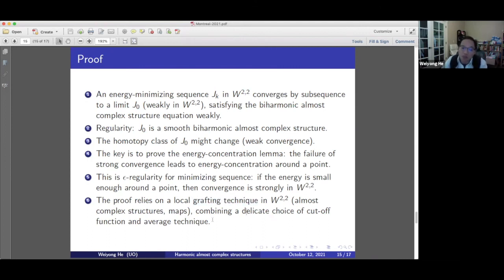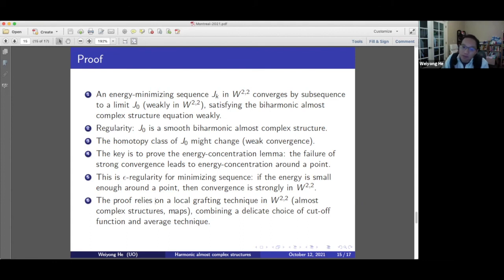I will not be able to explain the technicality here. It combines a delicate choice of cutoff functions and an averaging technique. This averaging technique is the same as in the paper of Schoen and Uhlenbeck; I essentially learned it from that paper. As I mentioned, this step is technically even new in the setting of harmonic maps and biharmonic maps.